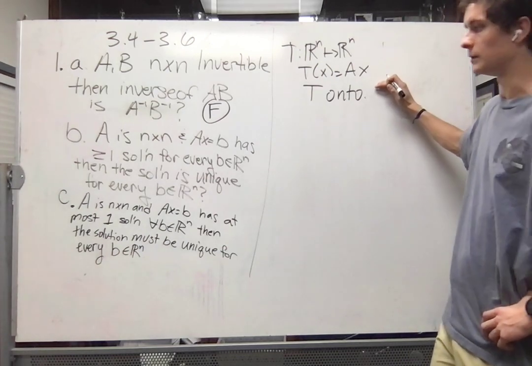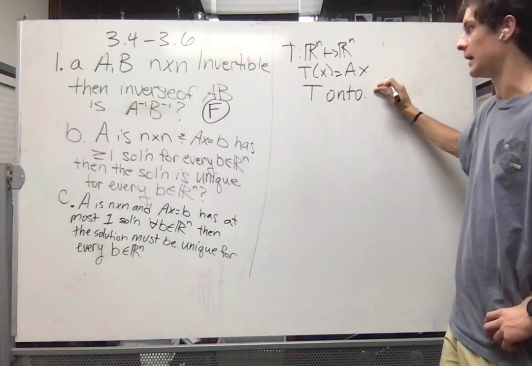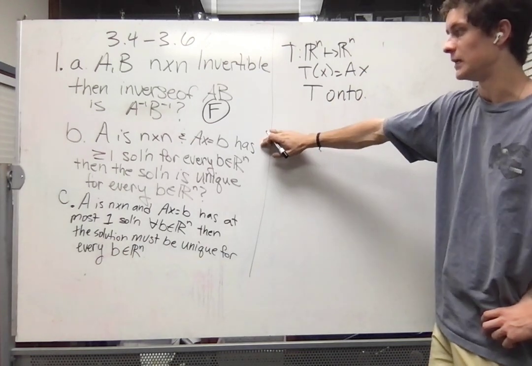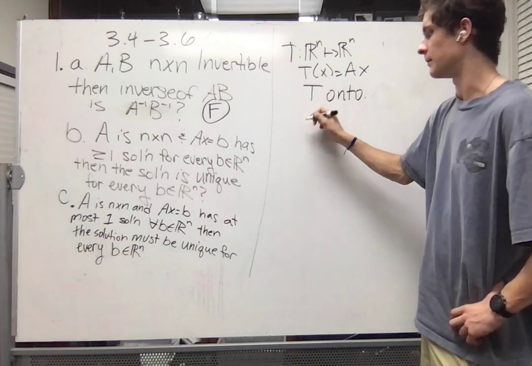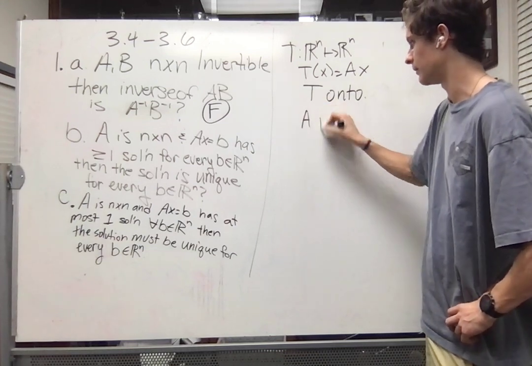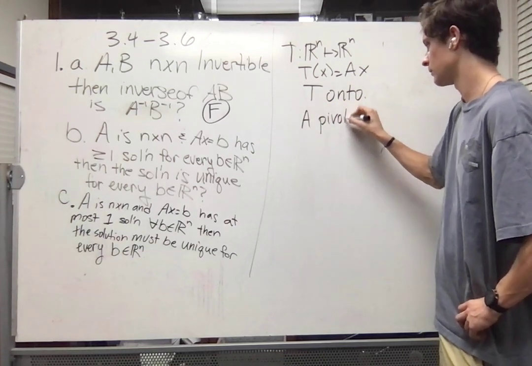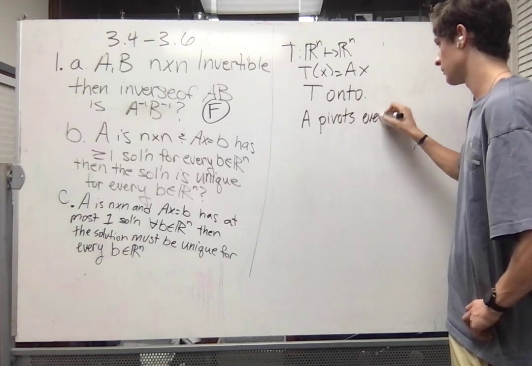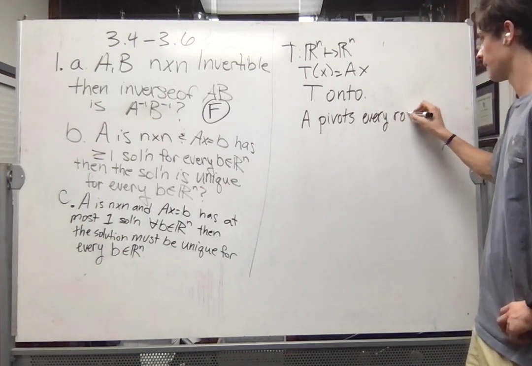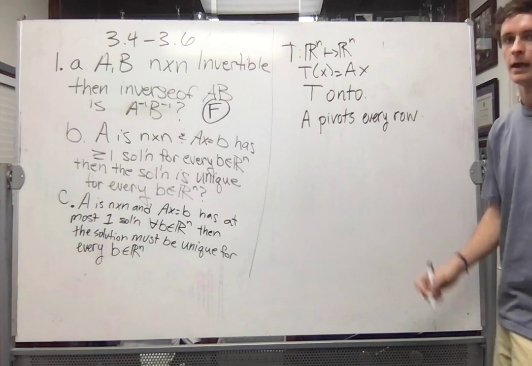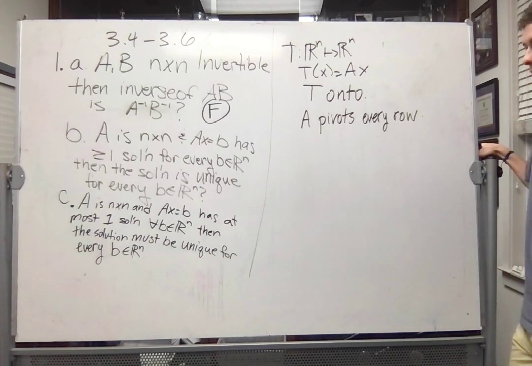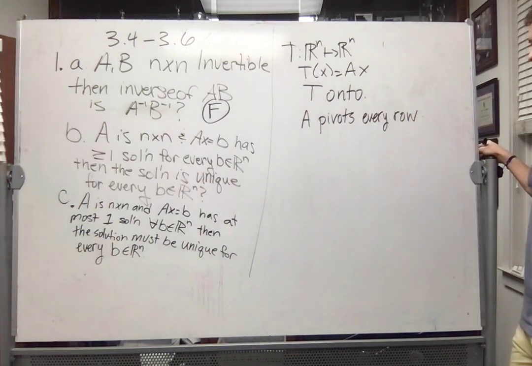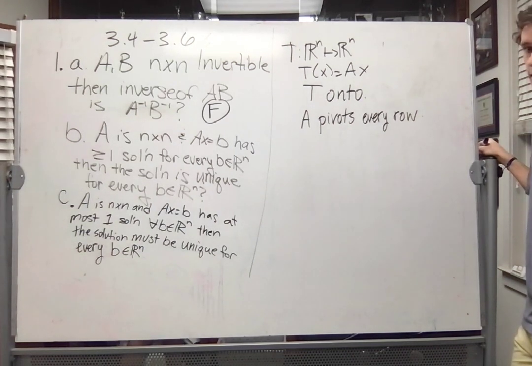If Ax equals b has at least one solution for every b in Rn, that means A must have pivots in every row. We've gone over this several times, but whenever you are guaranteed to have a solution, you have to have pivots in every row.